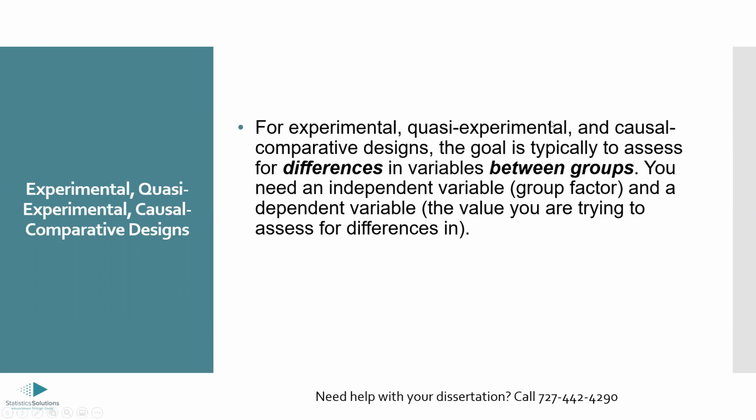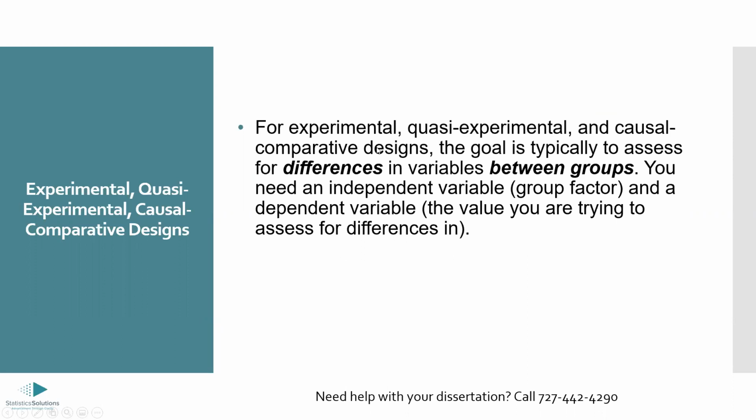Quasi-experimental and causal comparative kind of go hand in hand, but that's when you don't have random assignment or random collection of data; you have purposeful sampling. So you've collected participants and you are assigning them to treatment and control groups, but there's no random assignment happening. That's usually when you go with a quasi-experimental or causal comparative design.